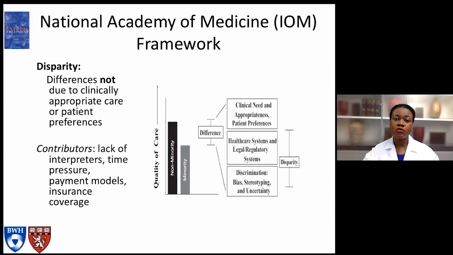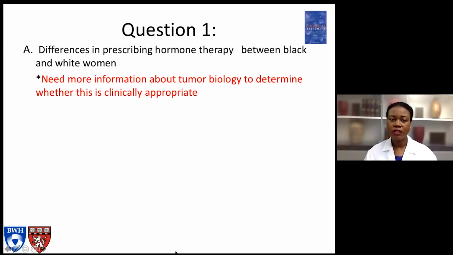So let's use this framework to answer the question that we posed in question one. Differences in prescribing hormone therapy between Black and white women, that's not the answer in this case because we really do need more information about the biology of the tumor to determine whether this is clinically appropriate care.